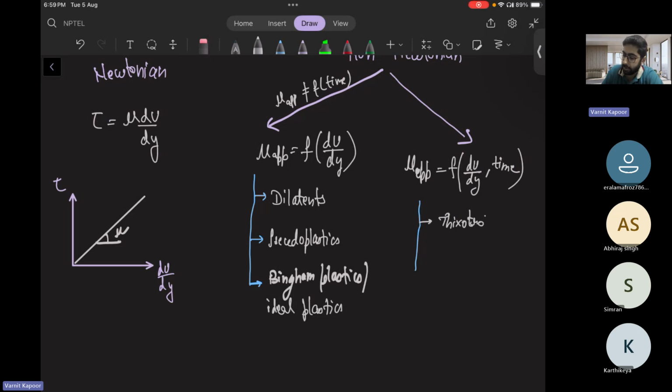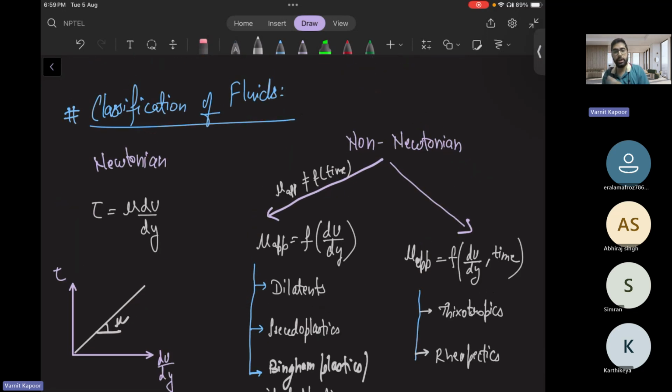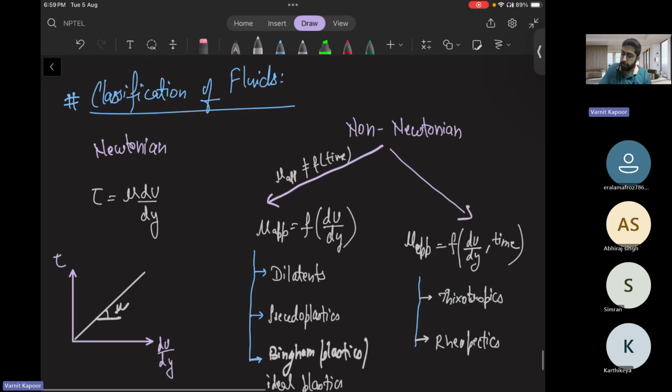This is a general classification of fluids, and they don't follow tau directly proportional to du by dy, because they are not following Newton's law of viscosity.